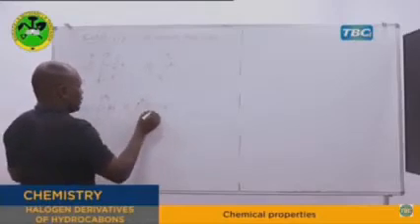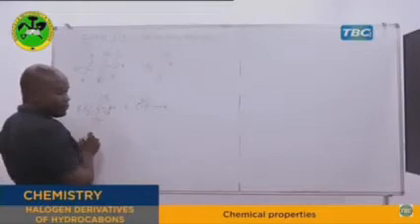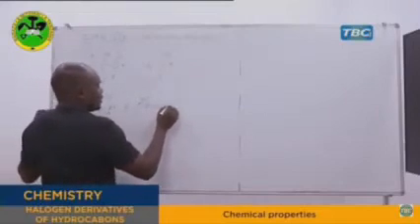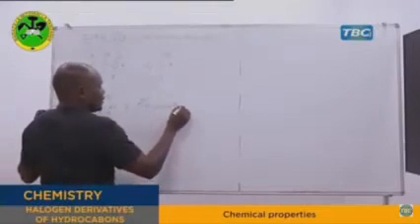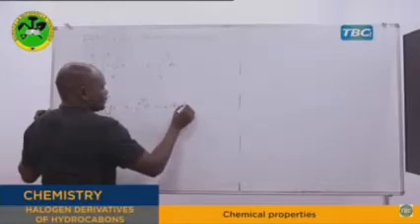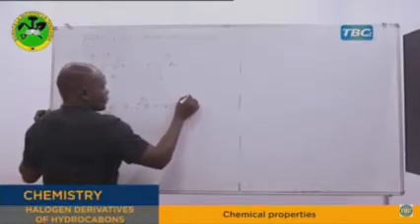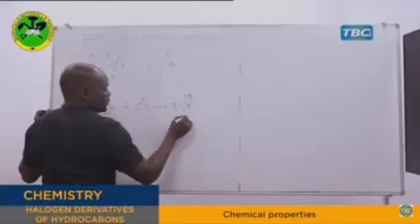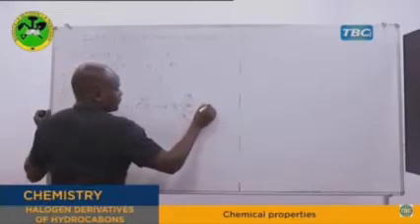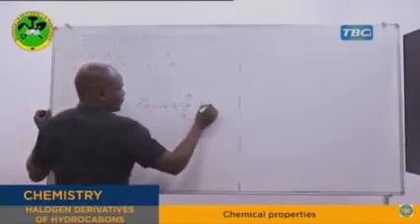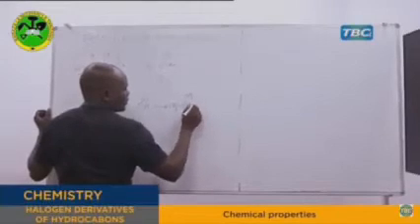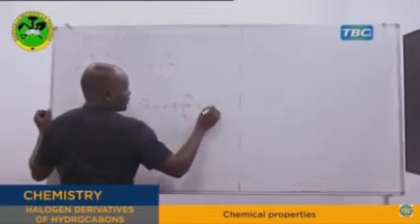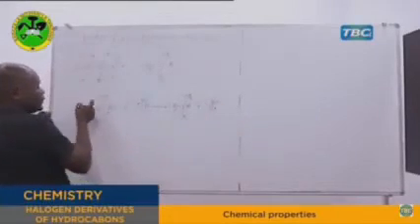So it will react now, whereby the bond will break, and you have the intermediate carbocation, which is this one. This is now the first step.